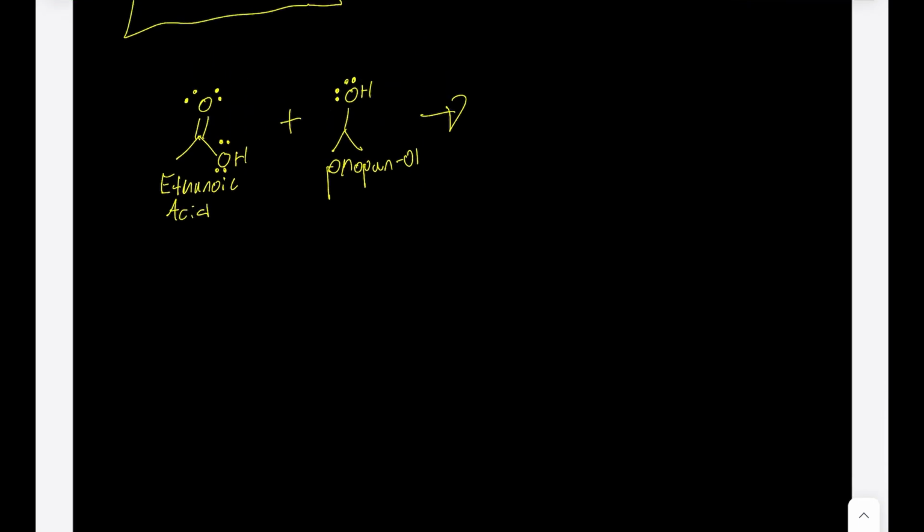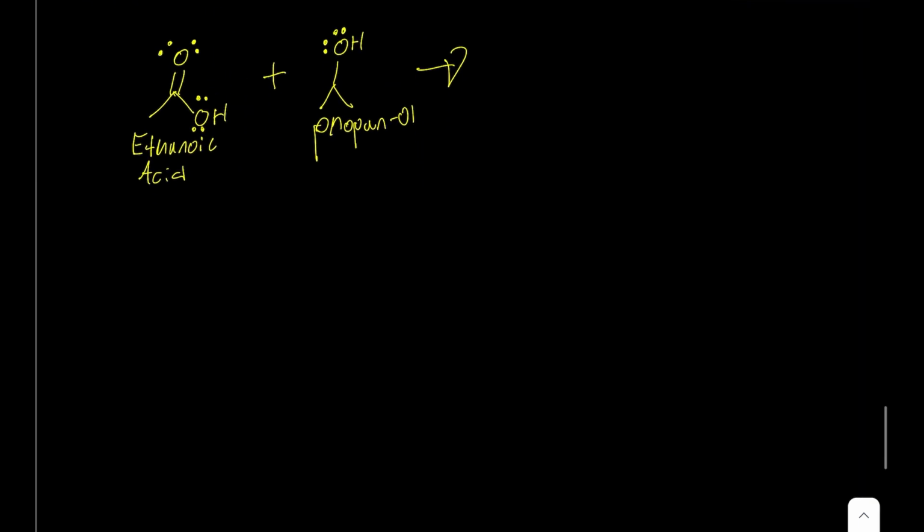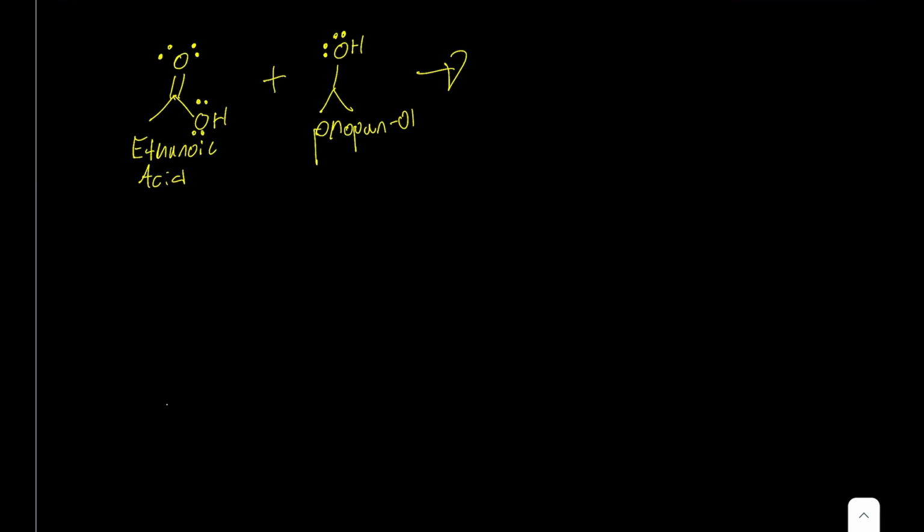First thing you'll notice is that we can look at the resonance structure of this. Let me just write hydrochloric acid, because we'll use that as the acid catalyst. Let's look at the resonance structure.